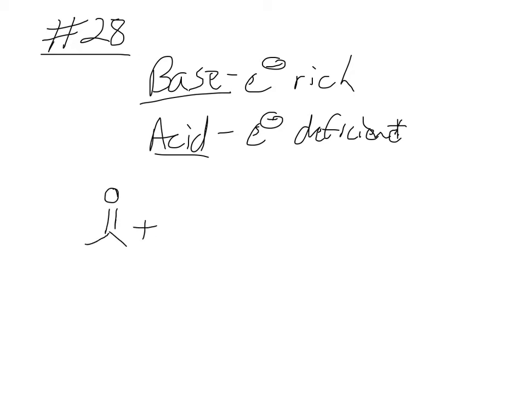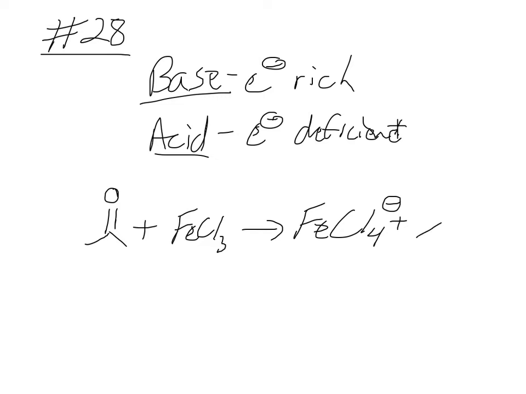So in this case, you have something like this: FeCl4 with a minus, plus. If you knew nothing else, whatever chemistry is going on here, if you know which one's electron rich and which is electron poor, you can identify the acid and base.